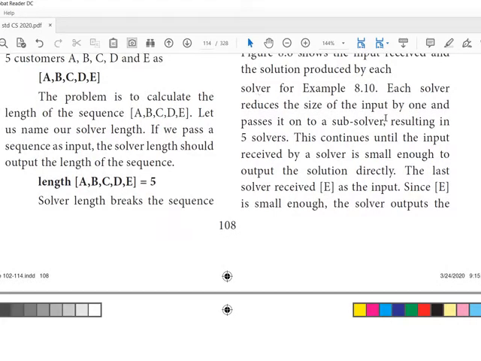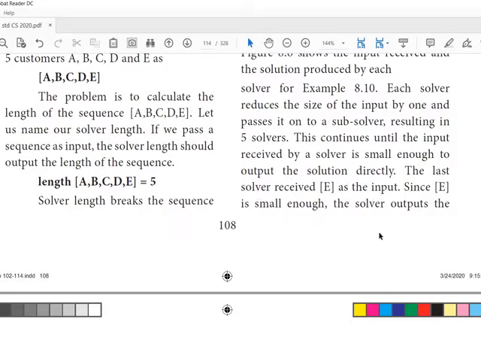Each solver reduces the size of the input by 1 and passes it on to the subsolver, resulting in 5 solvers, as there are 5 people. This continues until the input received by the solver is small enough to output the solution directly. The last solver received E as input.